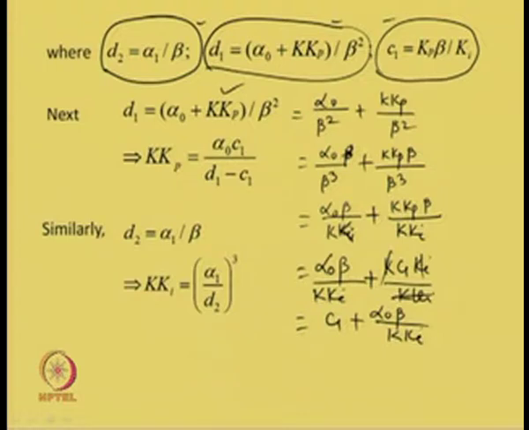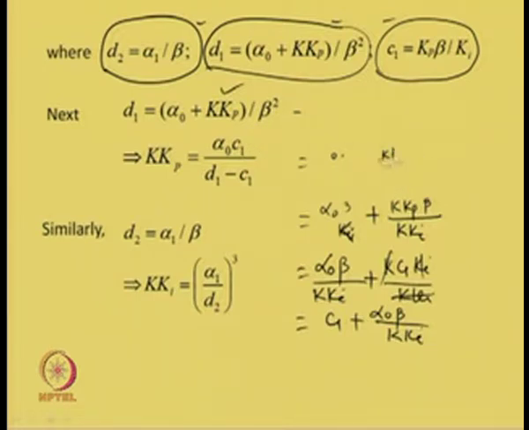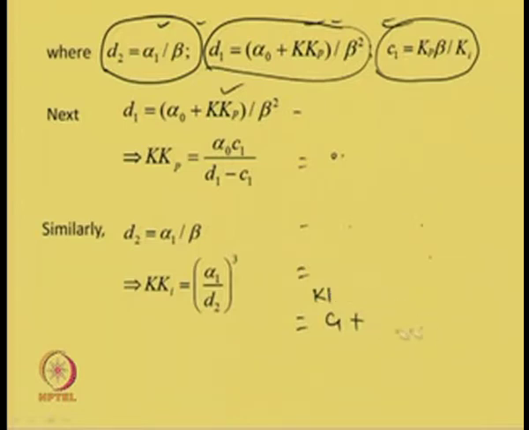So, manipulating this, it is not difficult to write the expression for k Kp as k Kp is equal to alpha 0 C1 upon D1 minus C1. Similarly, using the three expressions for D2, D1 and C1, it is not difficult to write the expression for k Ki as alpha 1 upon D2 to the power 3.